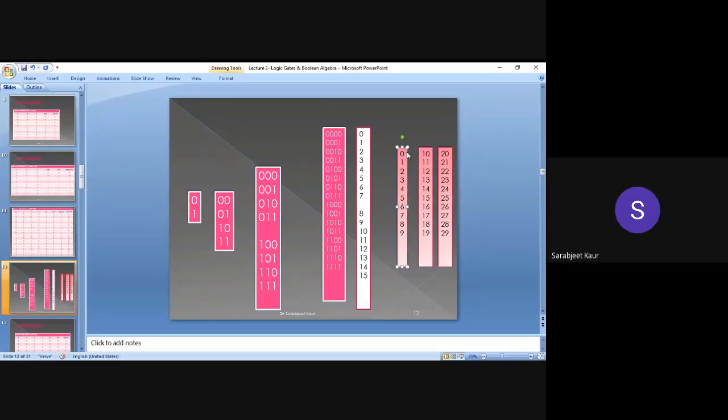We have to augment the 1 here, in the most significant position. Is this clear? Yes, ma'am. Any problems now? No, ma'am. Okay, good.